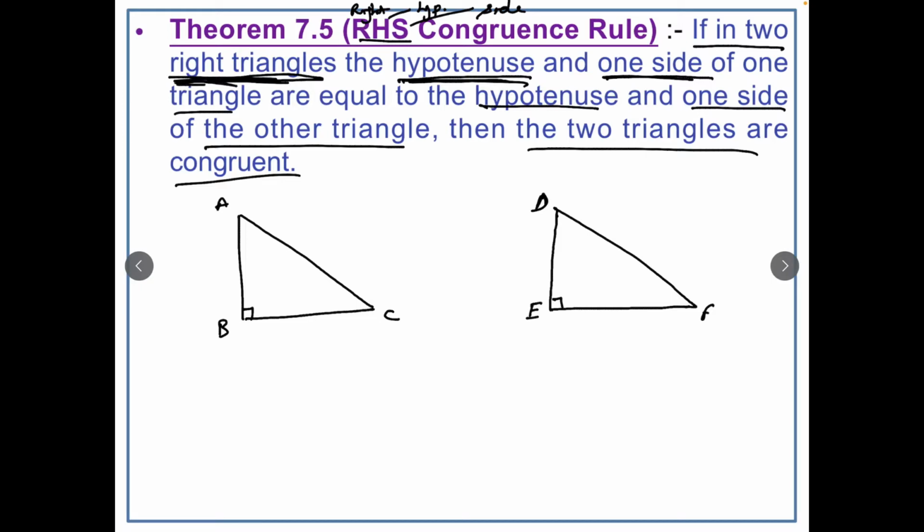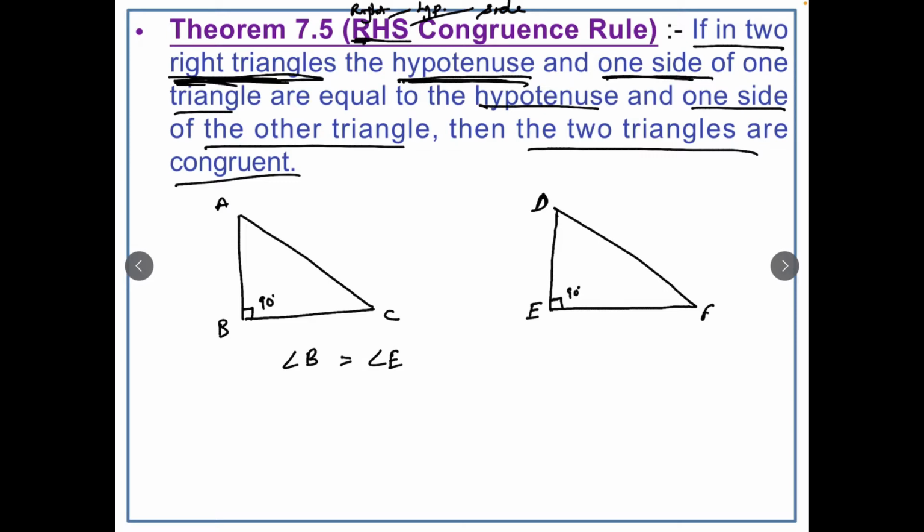As this theorem says, in two right triangles there has to be one angle of 90 degrees in each. So we have angle B equals angle E.